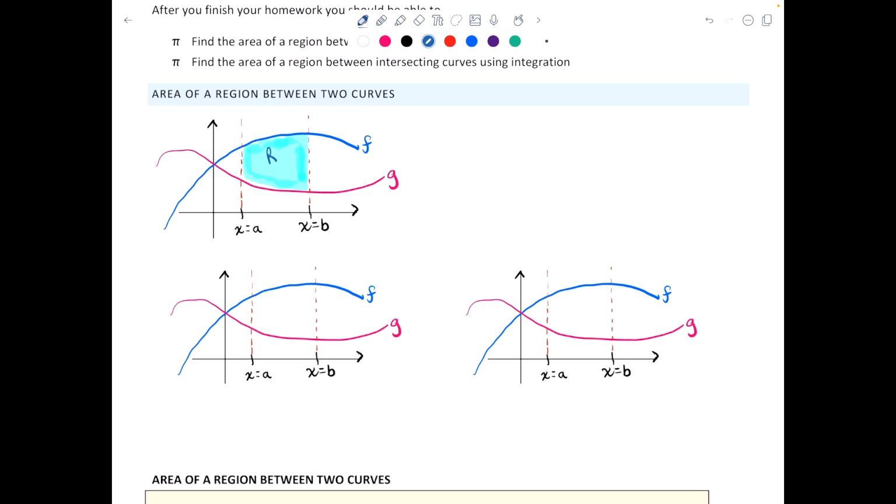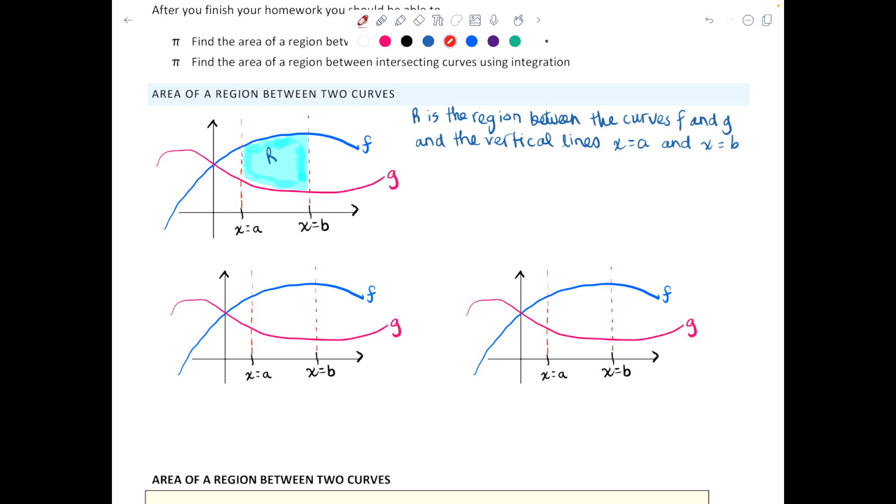So this region R is the region between the curves f and g and the vertical lines x equals a and x equals b. All right.